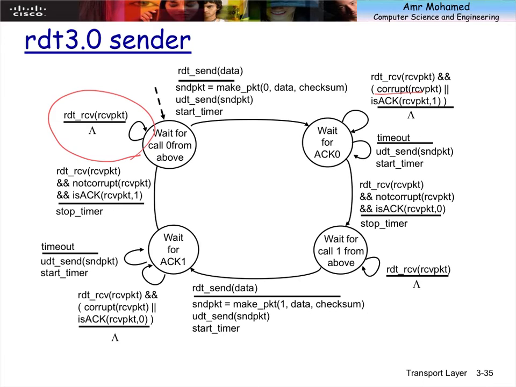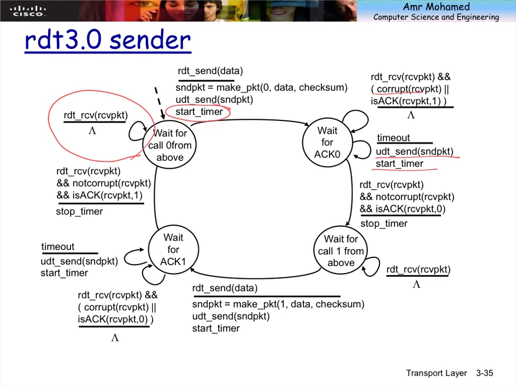So whenever I send a packet, the main thing here is that I have to start a timer. This timer has a mechanism. It has to start whenever I send a packet. So here I have to send a packet, or if I retransmit the packet, I also start the timer.